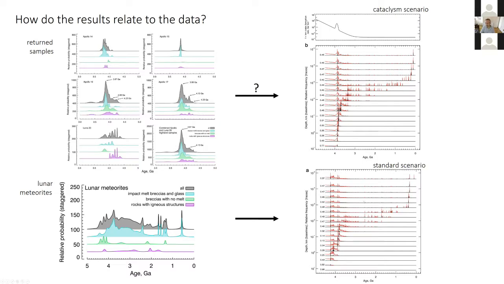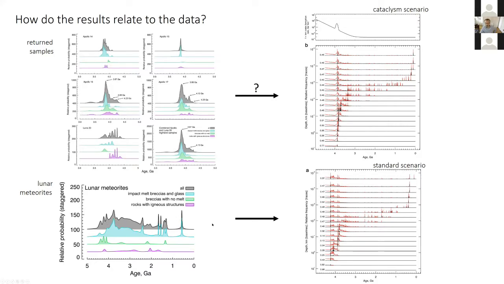In the standard scenario, the old basin melt is spread over a wider period. It looks more like this. If you look at this kind of distribution, it's more like what you see here.